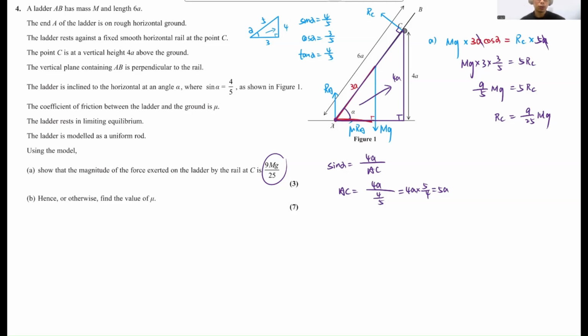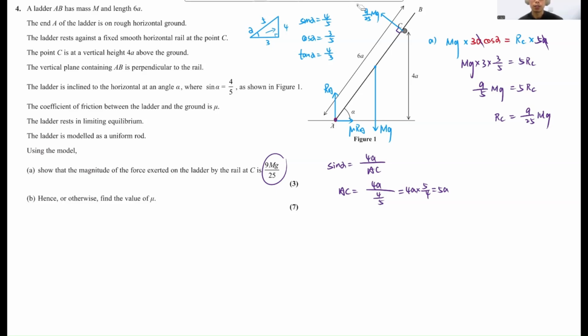Okay, now we work out the magnitude of RC, so we can just call it 9mg/25. So now to find the coefficient of friction, we have used the moments equation. Now we just have to use the forces to set up the other equation.